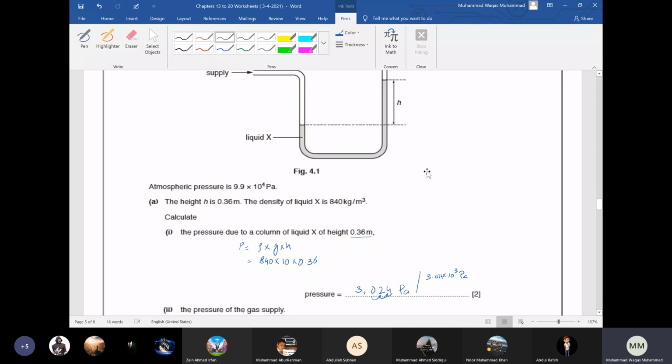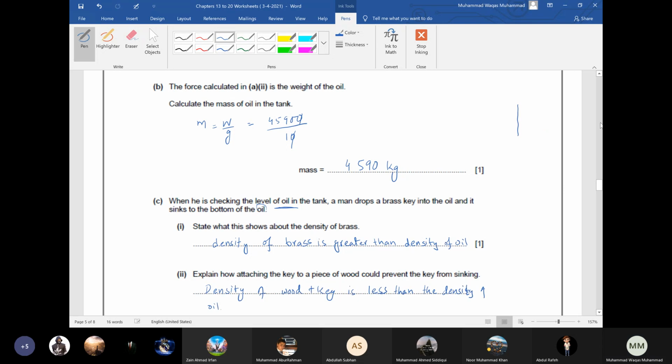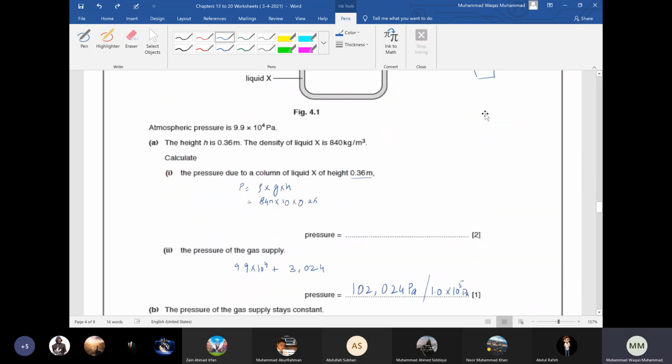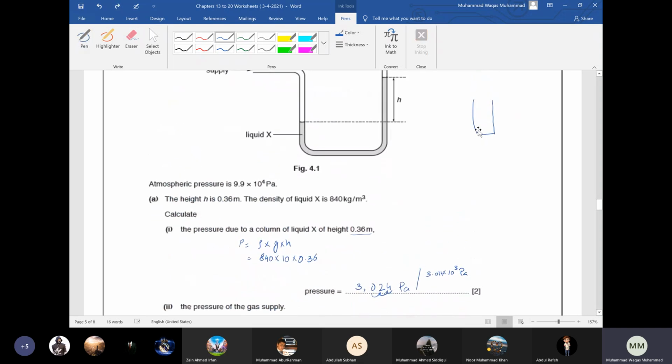Right, sir. Beta, for example, let me give you an example. There are two different liquids, okay, in the same container. But it's important to understand this concept. This is a very important and a bit tricky concept, okay? So beta, two containers, liquid A and liquid B. Liquid A is more dense, okay?